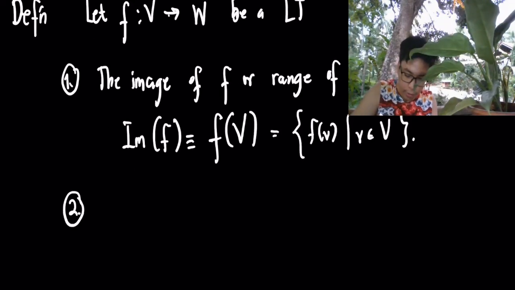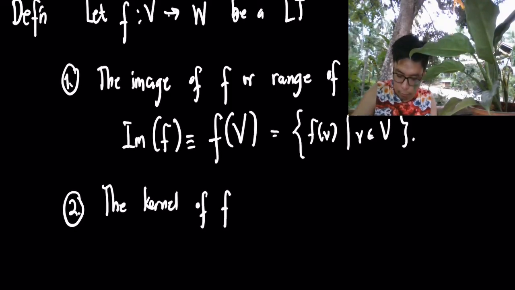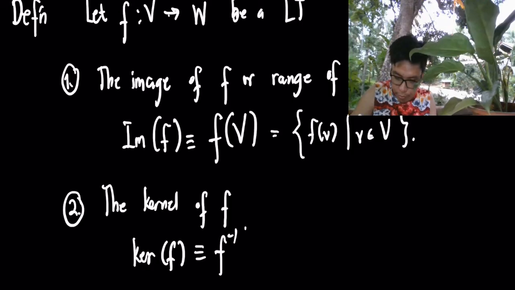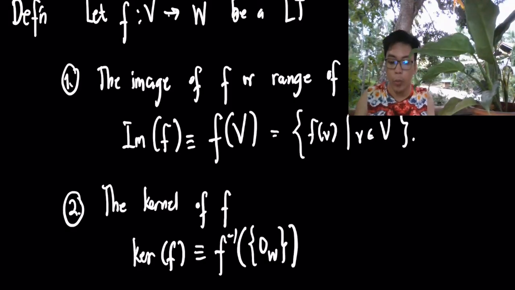Second is the kernel of F, written ker F, which is the same as F inverse of the set containing the identity element from the codomain.